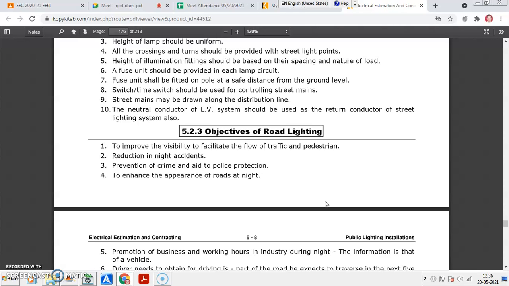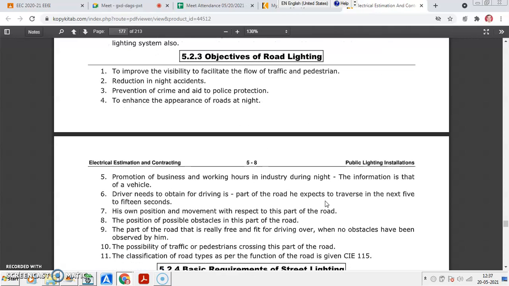Then we have seen the objectives of the road or street lighting, that is to improve the visibility, facilitate the traffic, pedestrians, reduction in the night accidents, prevention of crime. It is additional help to the police, enhancement of appearance of the roads in the night during of the city, and promotion of business working hours in industries.